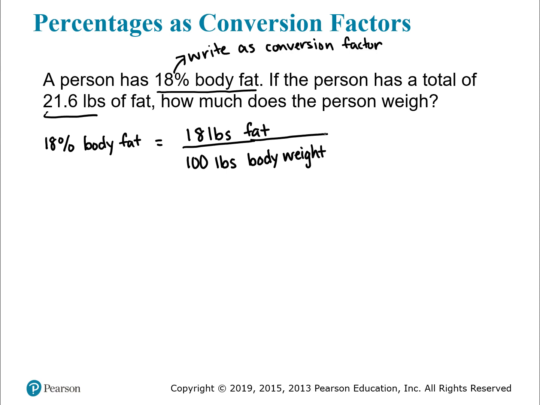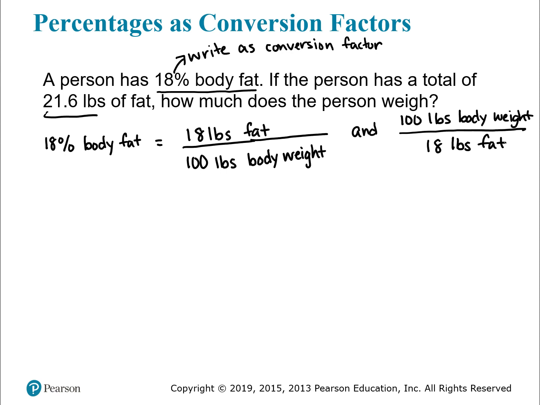Because you will need to be able to read a problem and write something like this. Now that we know this conversion factor, we can write the reciprocal. That's how we get conversion factors from a percentage.